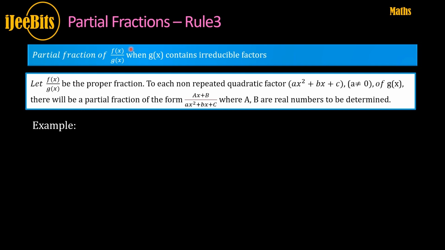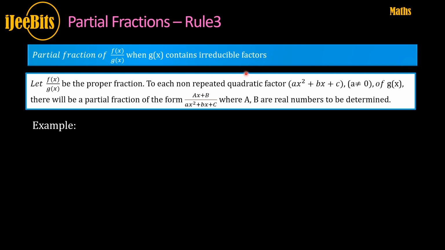Partial fraction of f of x by g of x, where g of x contains irreducible factors. Okay, this is a condition. We spoke about it just now, right? When, for a given quadratic equation, you are not able to find factors, we term them irreducible factors.